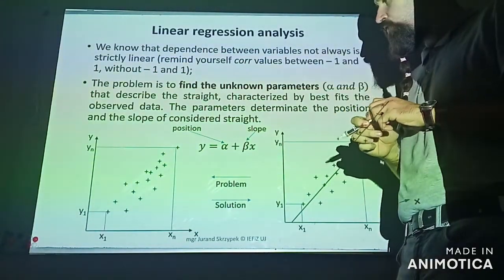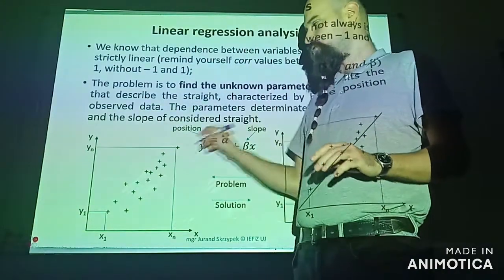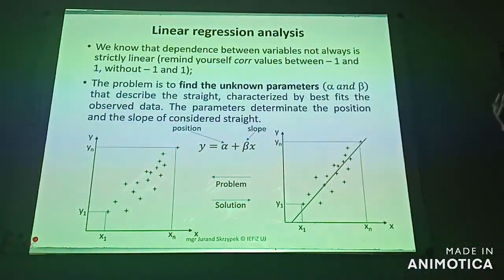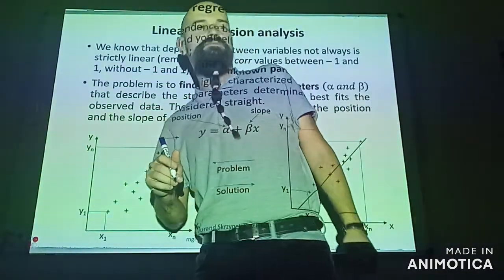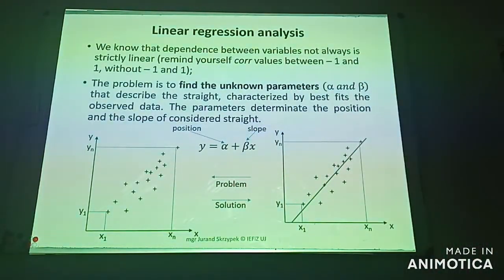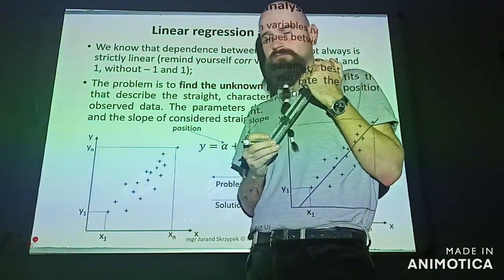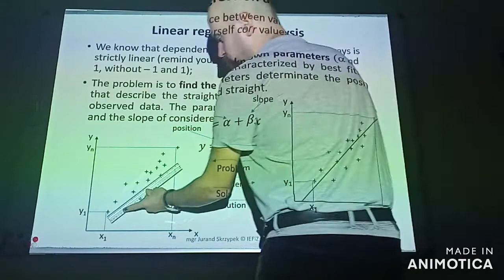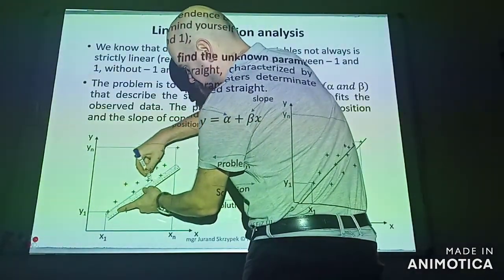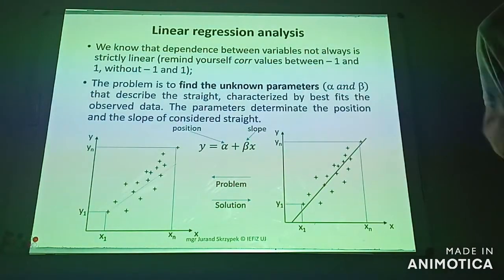And now we will try to find the straight line, in other words, a model that will most accurately describe the relationship between variable x and variable y. Of course, I can turn into a draftsman and draw a straight line like here, and in my opinion this straight line is best fitted to the empirical data.